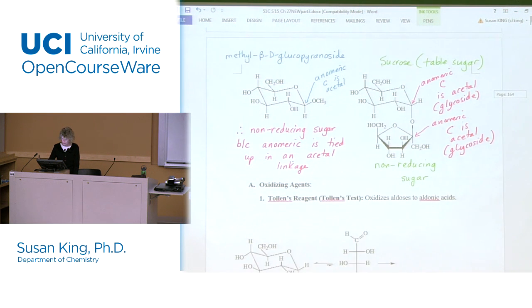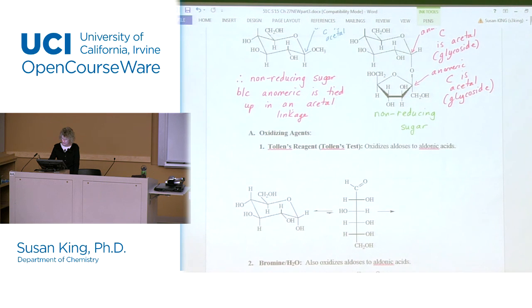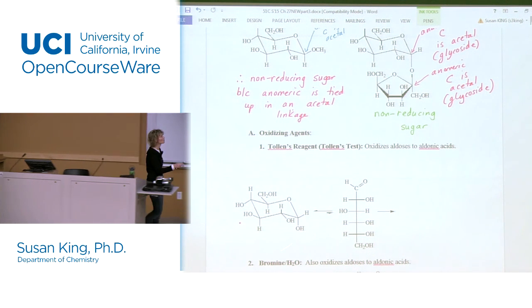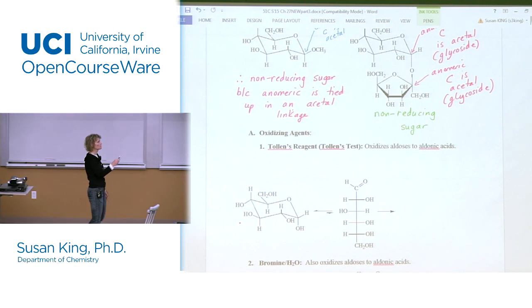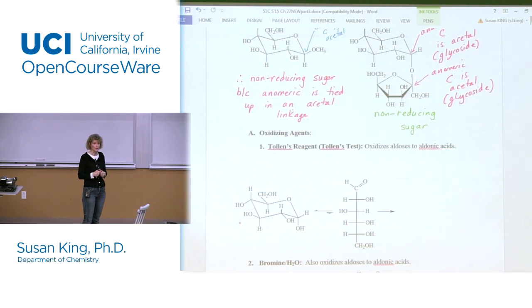But if you look here, we're going to talk about Tollens' reagent, and that's a mild oxidizing agent. This is going to oxidize aldoses to aldonic acids. If you look at this sugar right here, this is a reducing sugar. So it gets a little confusing. It's a reducing sugar, which means it's easily oxidized by mild oxidizing agents.